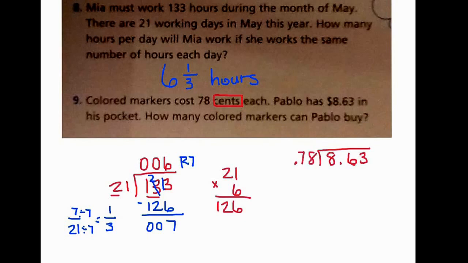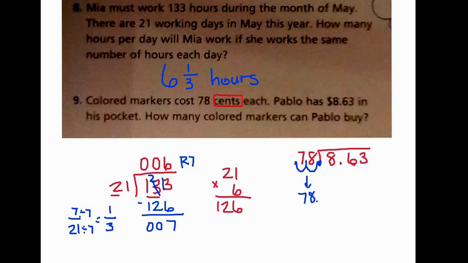Now we haven't talked about this very much in detail, so what I'm going to show you here is a new concept, so please watch carefully. When you divide by a decimal, so when your divisor is a decimal, you have to first change it to a regular number. Then you can divide. So the way we do this is we will take our decimal here and count. That's 1, 2 to the right to make it our normal number, 78.